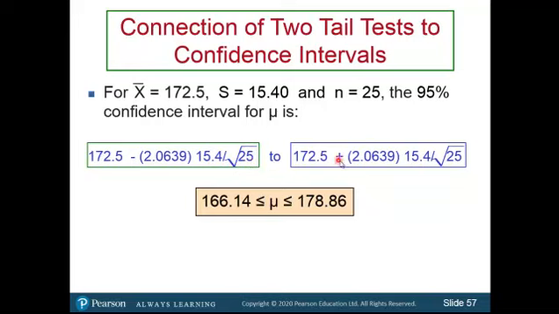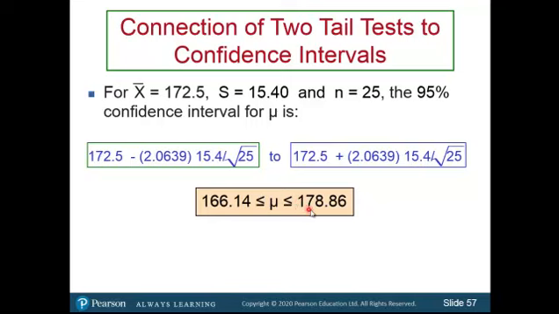We got as a result 166.14 to the left and 178.86 to the right.